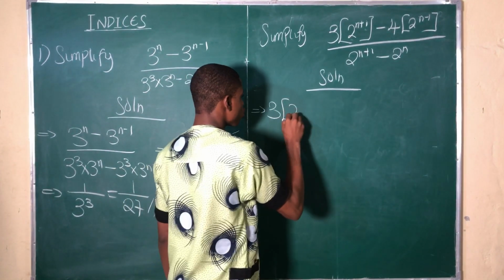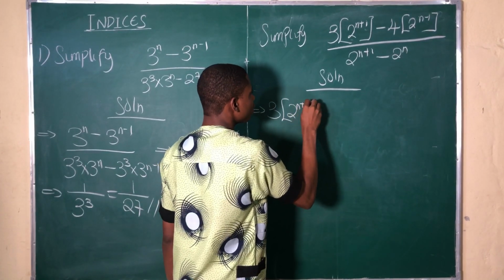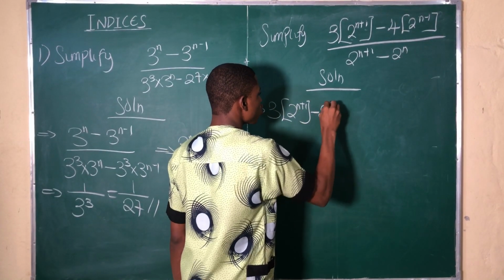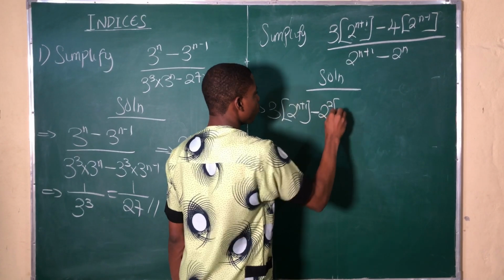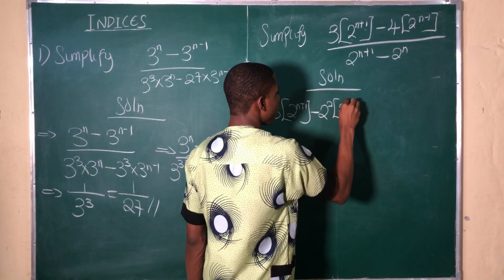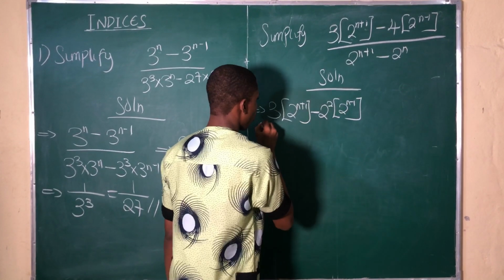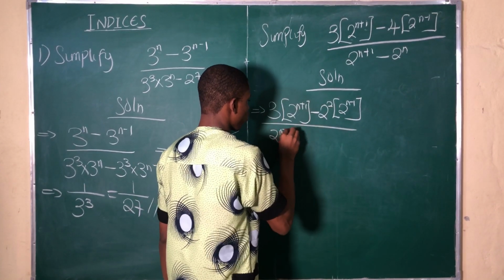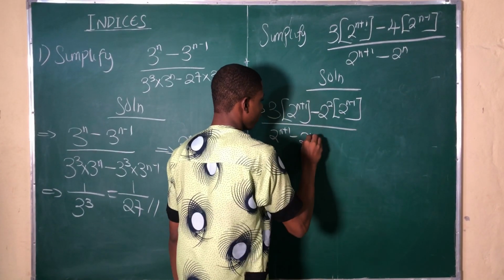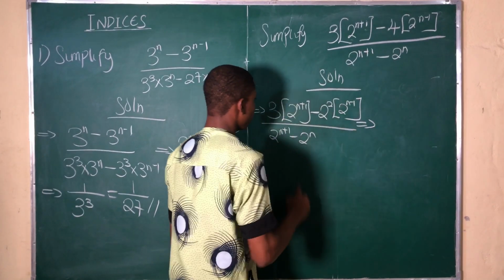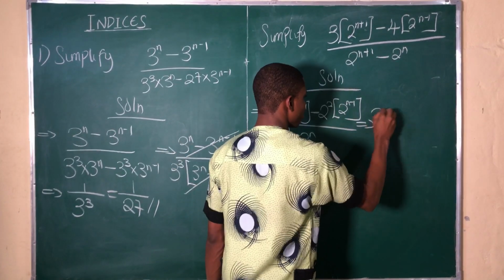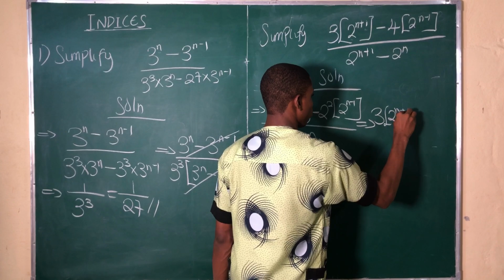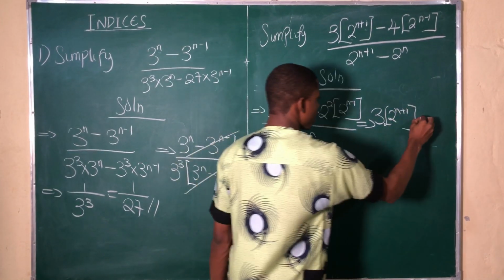Now we're having 2^(n+1). When we break this out, it becomes 2 raised to power 2 multiplied by 2^(n−1), all over 2^(n+1) − 2^n. Of course, this is 3 brackets 2^(n+1) − 2.